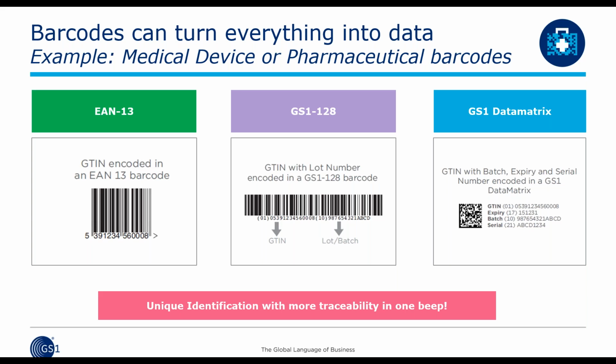The next one, the GS1 128, includes the application identifiers for the GTIN and the lot and batch. And then finally, we have the GS1 data matrix or 2D barcode, which encodes the GTIN, expiry, batch, and serial. And the main point here is that they enable unique identification with more traceability in just one beep.